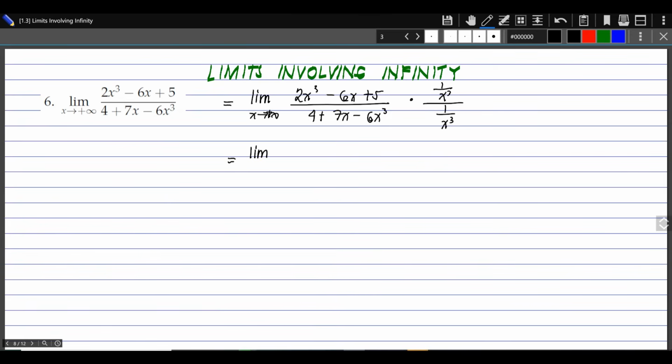So then this will be equal to the limit of 2 minus 6 over x squared plus 5 over x cubed all over 4 over x cubed plus 7 over x squared minus 6. Now as x goes to positive infinity, note that these terms will all go to 0. So we are left with 2 over negative 6. And therefore, the limit is equal to negative 1/3.